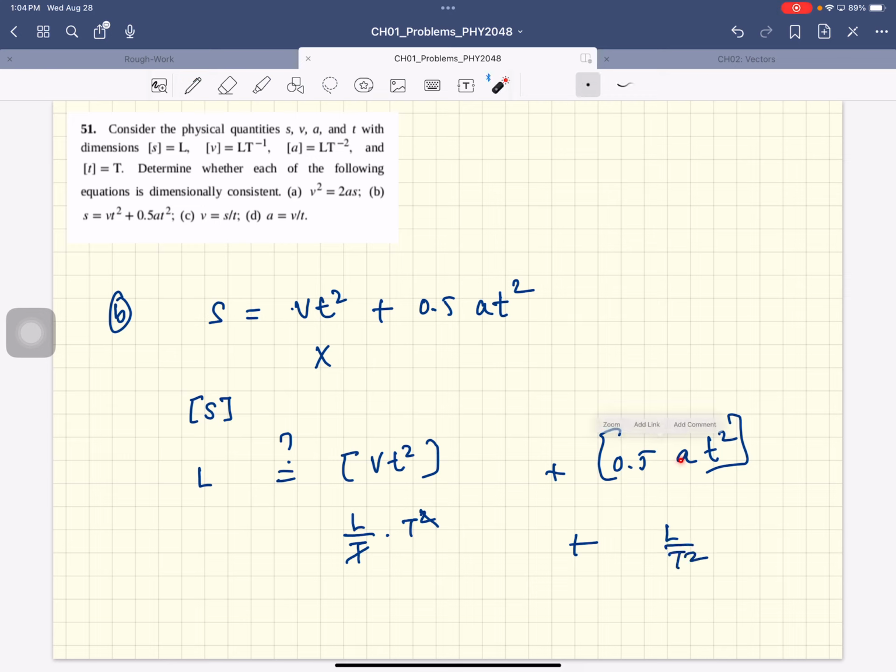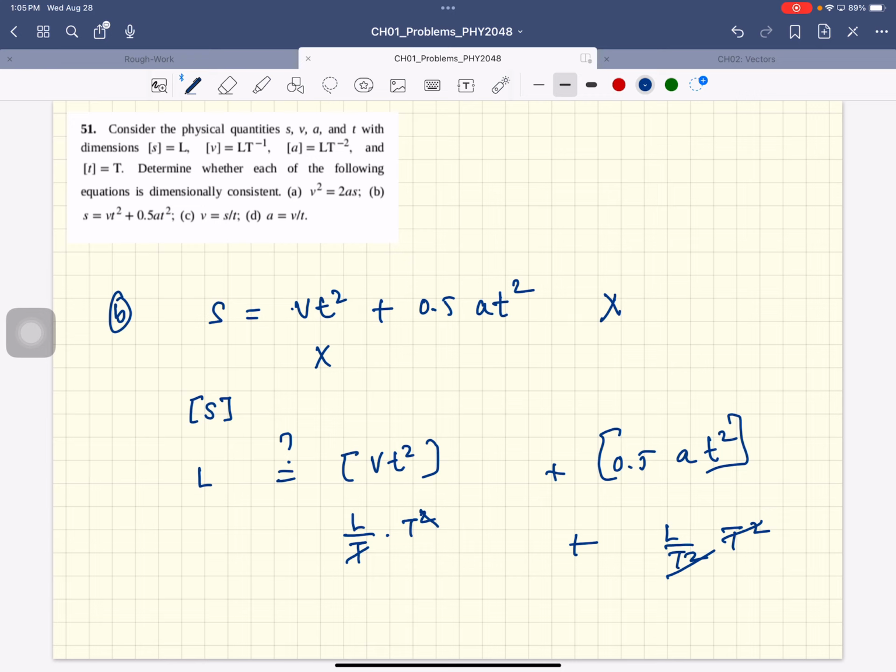The dimension of A is L over T squared, and the dimension of T squared is T squared. So the second term has the right dimension. The first term doesn't have the right dimension. So without knowing any physics, you can tell that this equation is incorrect.